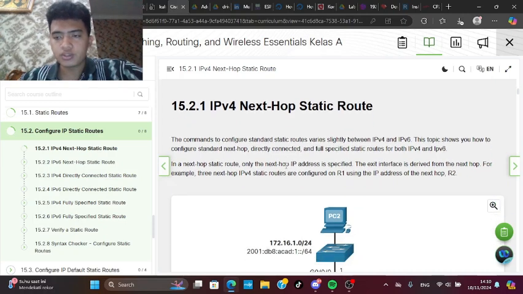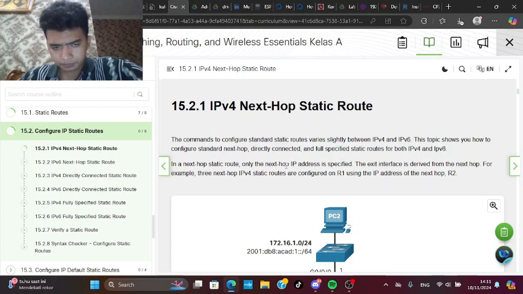This topic shows us how to configure standard next hop, directly connected, and fully specified static routes for both IP version 4 and IP version 6. In the next hop static routes, only the next hop IP address is specified. The exit interface is derived from the next hop.